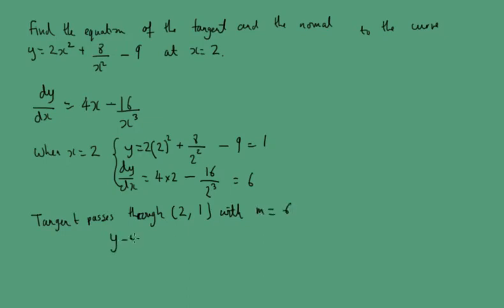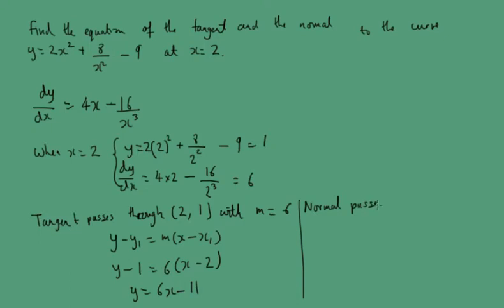So we know that y minus y1 equals m times (x minus x1). And so y minus 1 equals 6 times (x minus 2). So that's going to give us y equals 6x minus 11. And we know the normal passes through (2, 1) with m equal to minus a sixth.